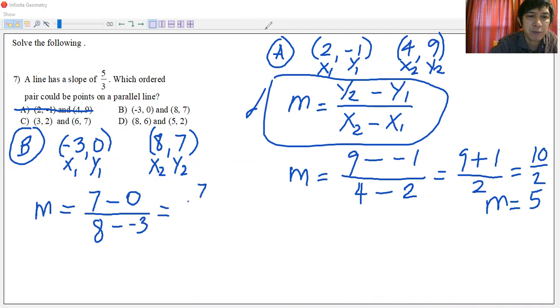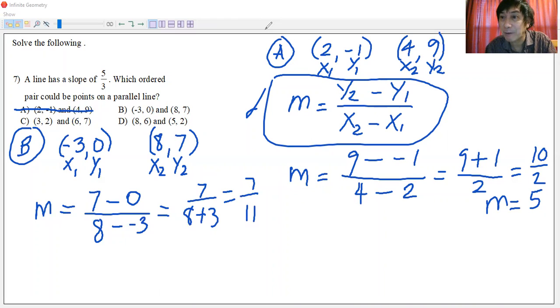This gives us 7 over 8 plus 3, which is 7 over 11. All right, 7 over 11 is not 5 over 3. Remember, we're after this slope, so letter B is not the answer.